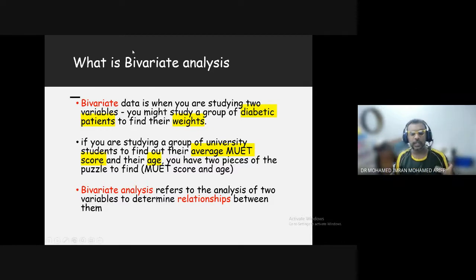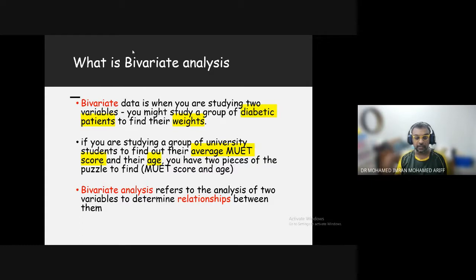Satu is diabetic, and you want to find out their weight, so the dual variable. If you are studying a group of university students to find out their average MUET scores and their age, dual variable, MUET score and age. So our study in example number 2 is to find out their average MUET score and their age.